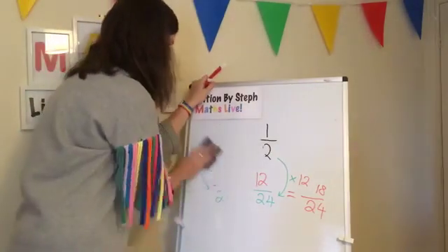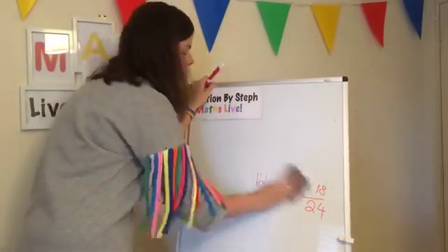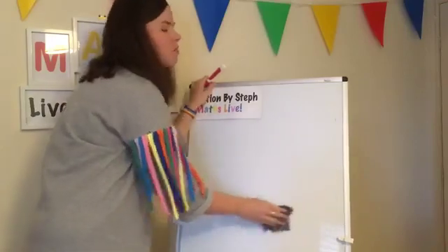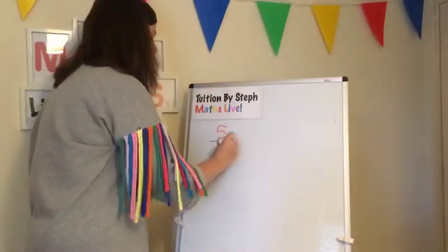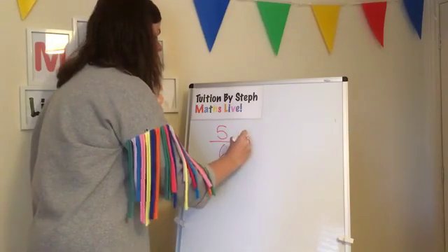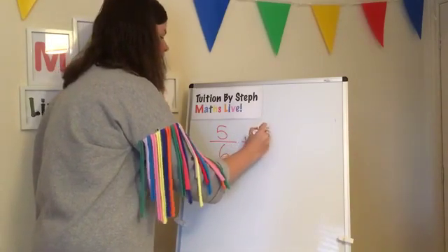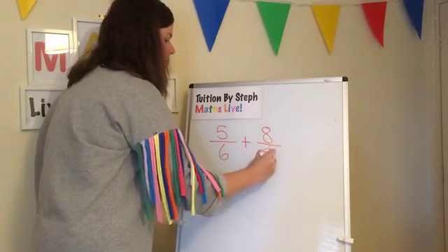I'll just show you quickly an example of when your answer will be an improper fraction. So you might have, you can do this with me, you might have 5 over 6 plus 8 over 9.